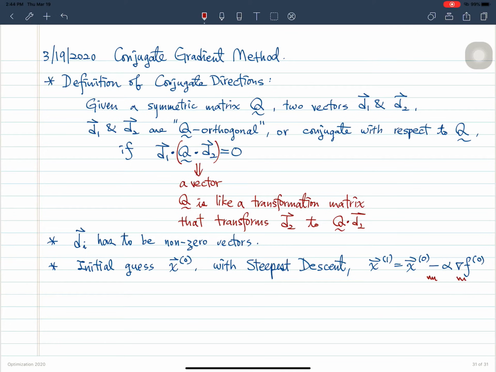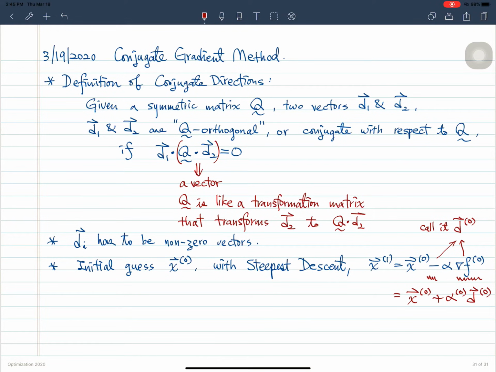If I name the negative gradient as my D, let me call this the D0 direction, then I can rewrite this as X0 plus some alpha times a D vector, right?